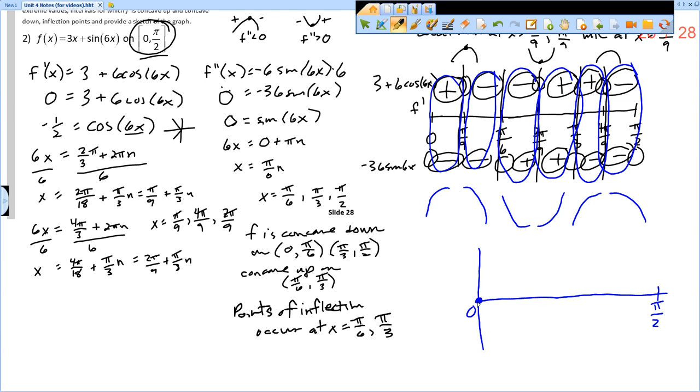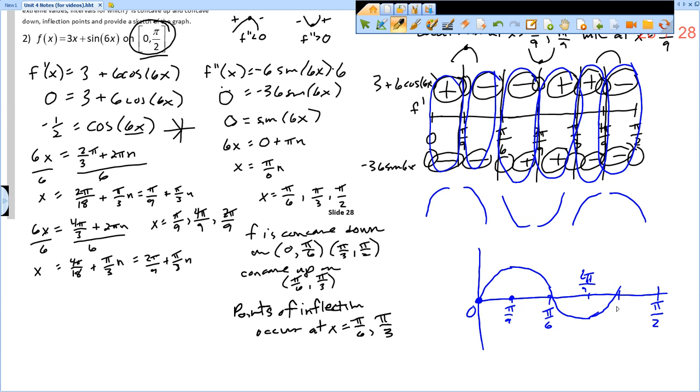So we take this first curve here, and then we go to pi over 9, where we go to the next part of the curve, which goes down like that. Then we join at pi over 6 to the next part of the curve, which goes like that. Then we join at 2 pi over 9 to this next part, which goes up like that.